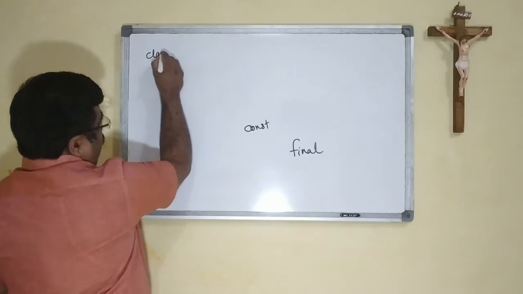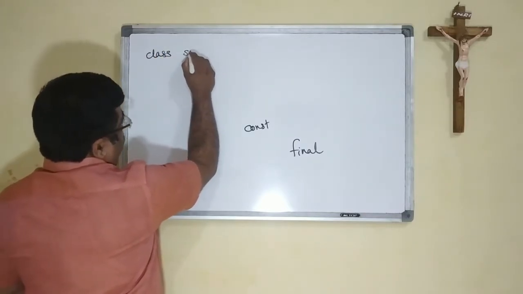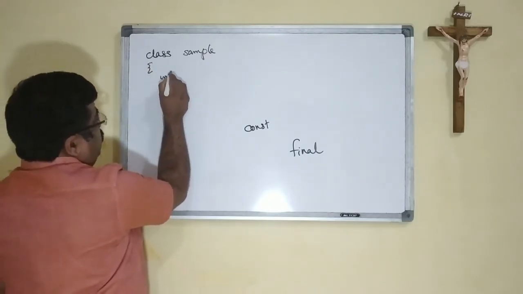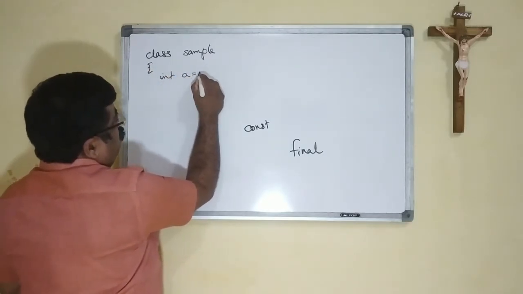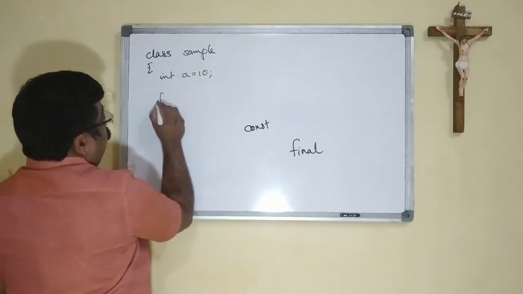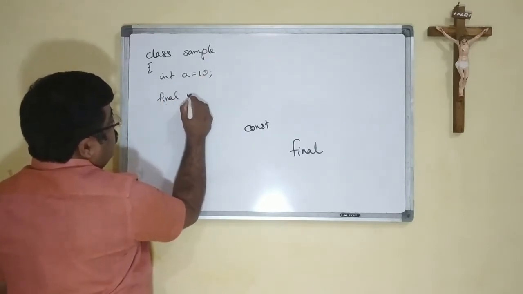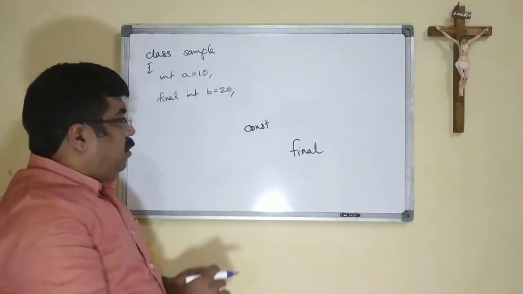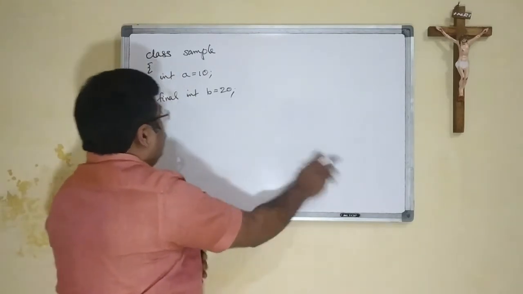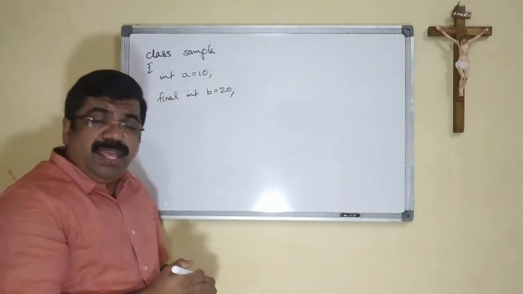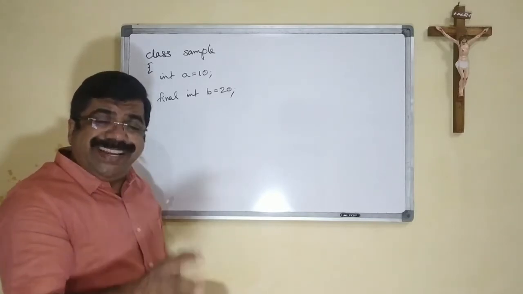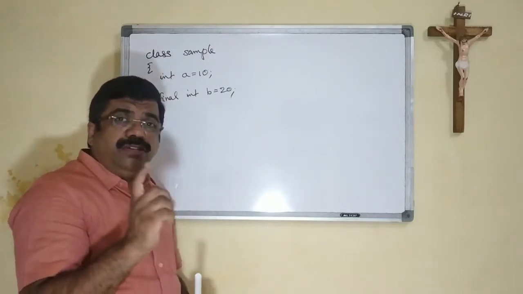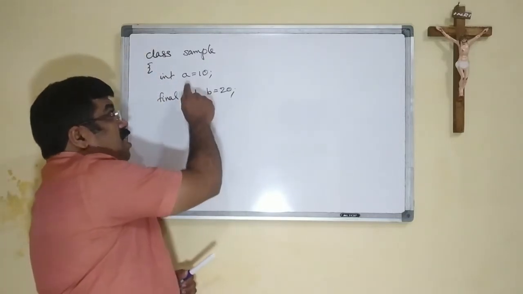We have a class, suppose Sample. int a = 10; final int b = 20; So I have declared two variables here. int a with a value 10 and final int b = 20. The first one is a variable.